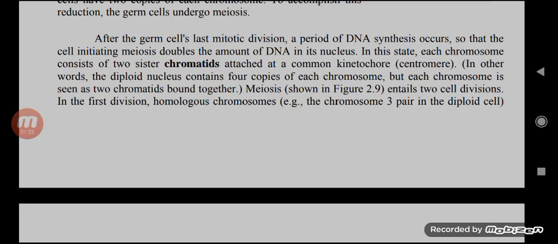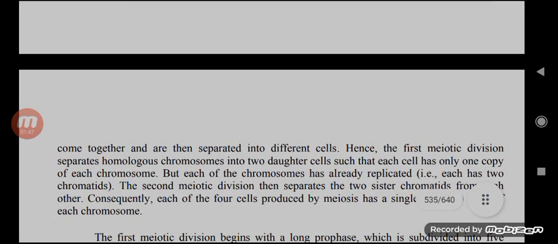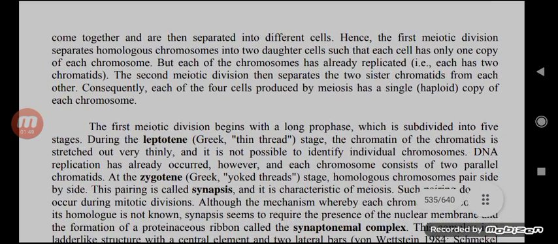bound together. Meiosis, shown in Figure 2.9, entails two cell divisions. In the first division, homologous chromosomes in the diploid cell pair, come together, and are then separated into different cells.